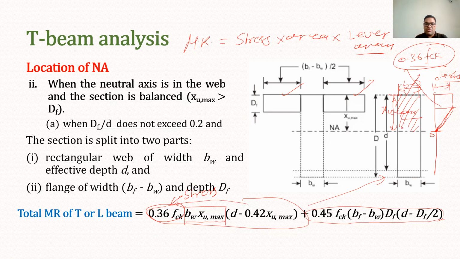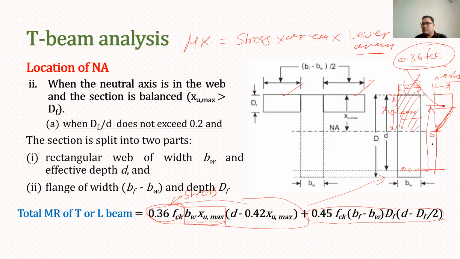So 0.36 FCK is the stress in concrete, and this is the area of concrete which is effective for resisting the compressive force. And the lever arm is the distance between the centroid of the tension force, which is passing through the center of the bar, and the CG of this whole area.